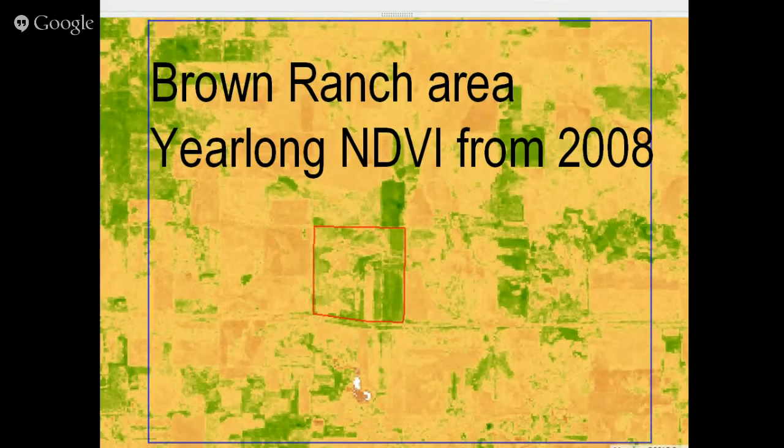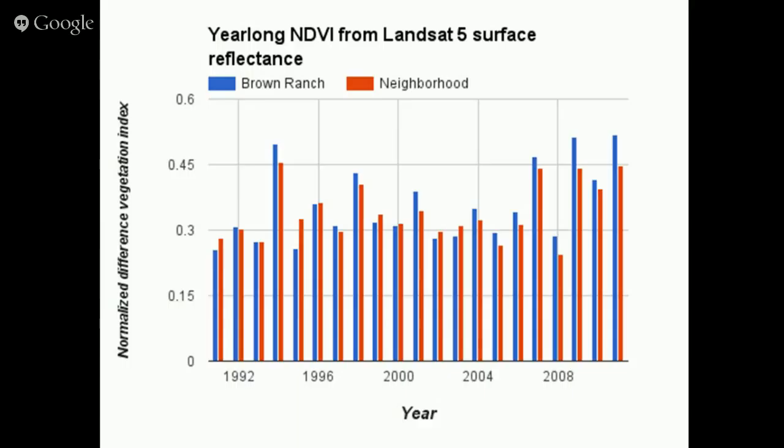So they account for the zenith angle of the sun, the atmospheric haze conditions, and so forth, and get a better picture of the various wavelengths of light that are actually being reflected from the surface. We're using some cloud filtering algorithms here as well. Here the colors are reversed. The blue is the Brown Ranch, the red is the neighborhood.